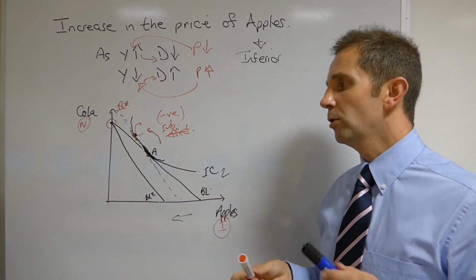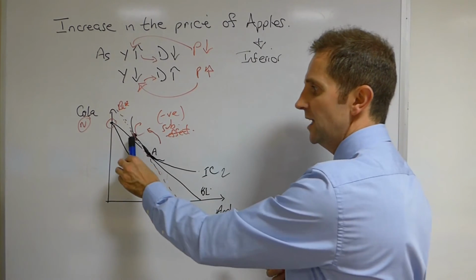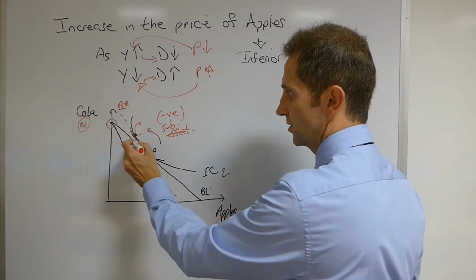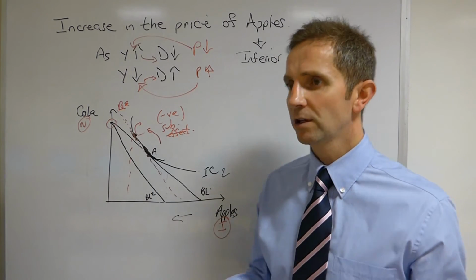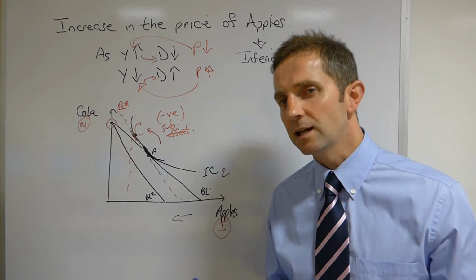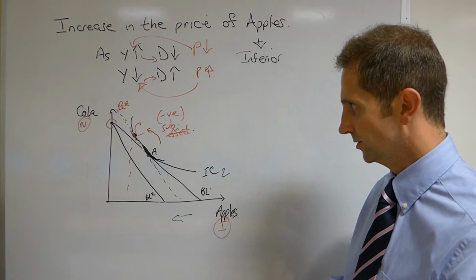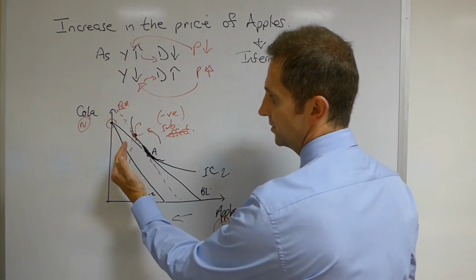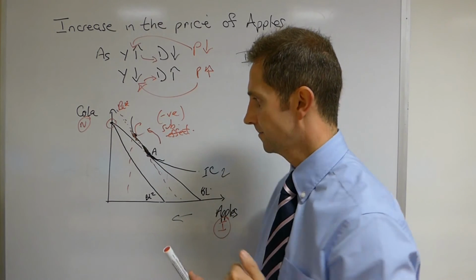And so we're not going to consume C of apples, if you take a dashed line down from C. We're going to consume a slightly higher level of apples, so we're going to be somewhere to the right of C.